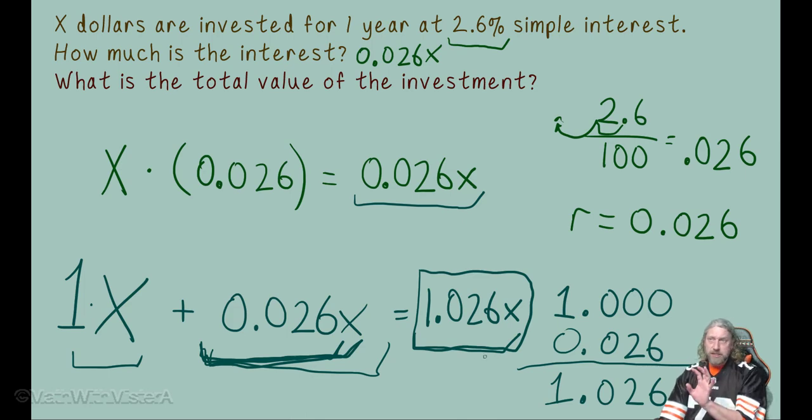So if necessary, take a moment to look back on this, maybe replay what I just talked about so that we're feeling more comfortable about this algebra part that we're doing at the end, where we're saying, oh, an x plus a 0.026x, we can do that and we can get 1.026x, and we have to do that because that original principal was unknown.